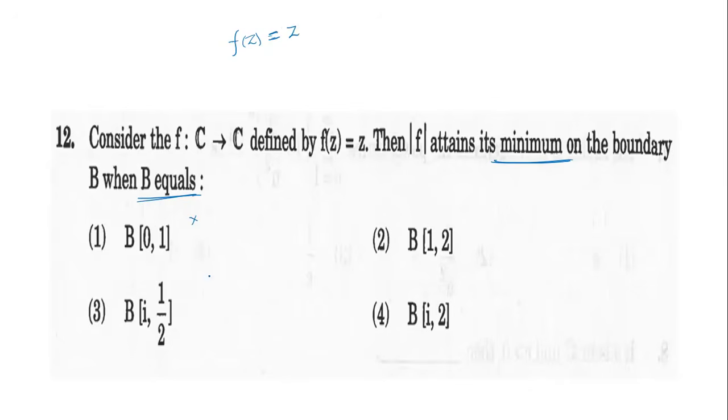The possible value for this is option 3, 1 by 2. By using the statements of the minimum modulus principle and the minimum modulus theorem, we can arrive at the options. Not solving manually, we can easily solve by using the theorem and principle.